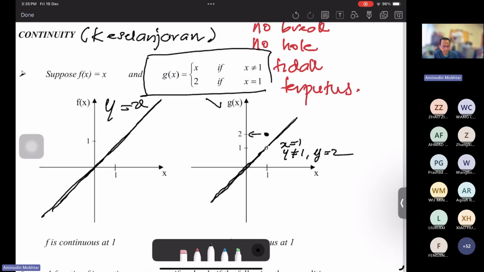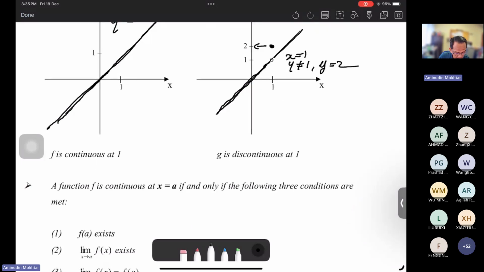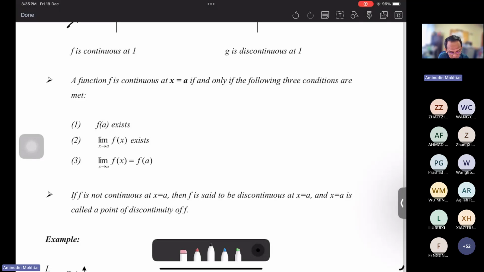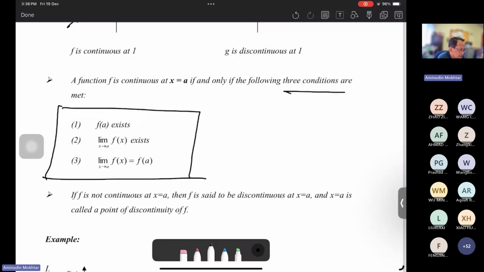That's why we can check whether the function is continuous or not by following these three conditions, which must be fulfilled for a graph at a certain point.